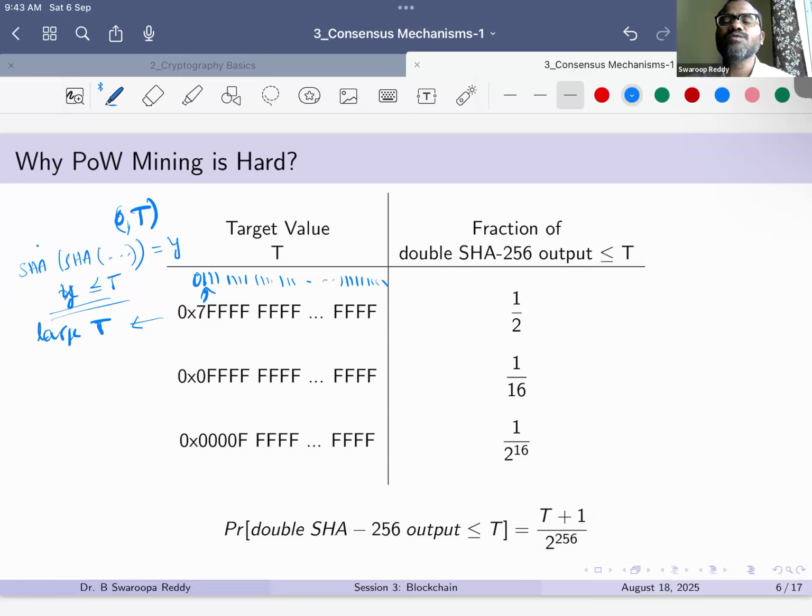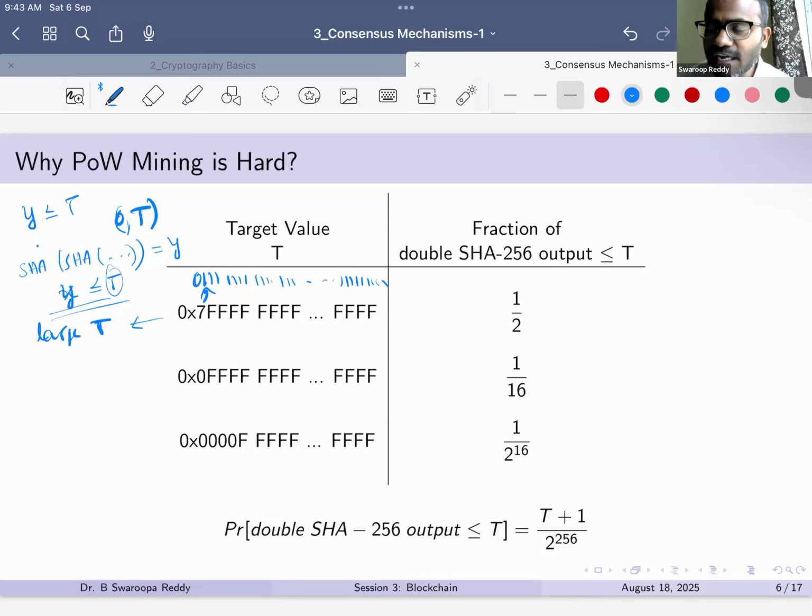To succeed in this computational problem, you need to get an output y such that y is less than or equal to t. So if t is very large, getting y less than or equal to t is very easy, right?